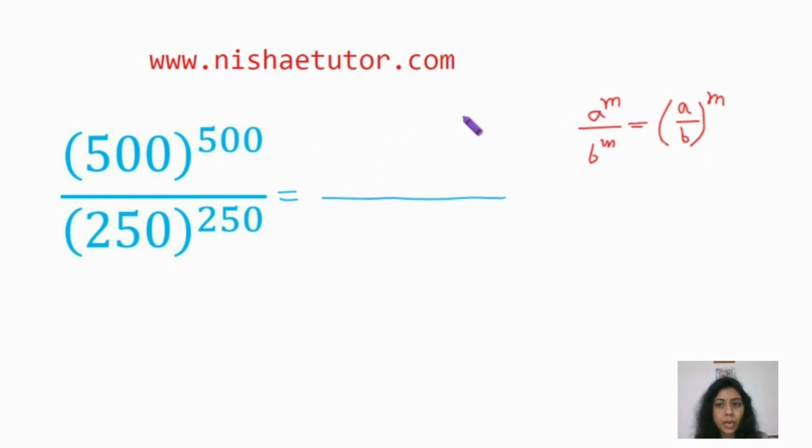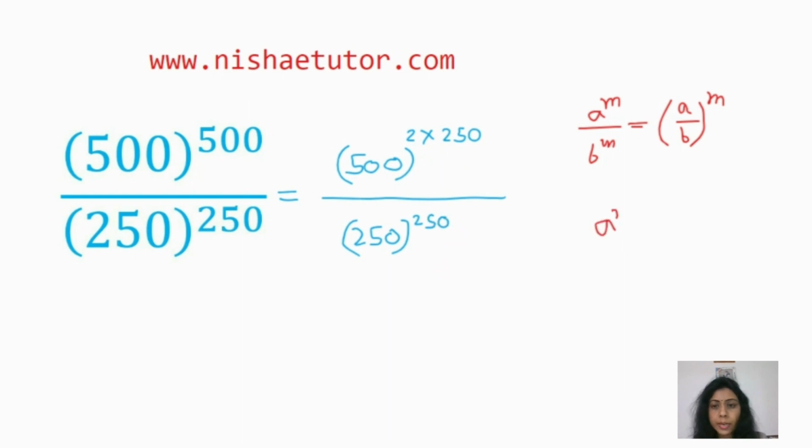Here we have to make the same power. So here 250, we can make this one 250. 500 to the power 2 times 250, and 250 to the power 250.